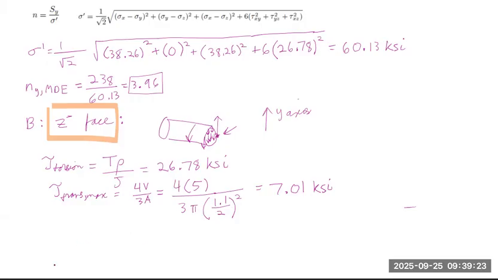So we will have that the total shear stress is equal to the shear stress due to torsion plus the maximum transverse shear stress, and it's equal to tau.